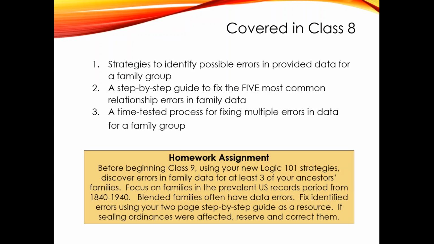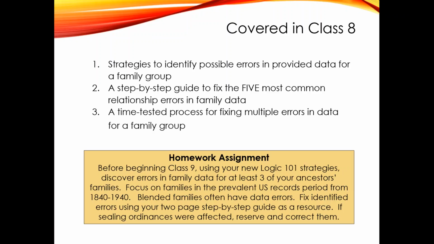And we've reviewed my suggestions in a time-tested process for fixing multiple errors in data for a great big family group. The family groups that are most susceptible of these kinds of errors are blended families. When you've got four sets of parents with 12 kids, it's almost certain that some of those kids are listed with the wrong parents.